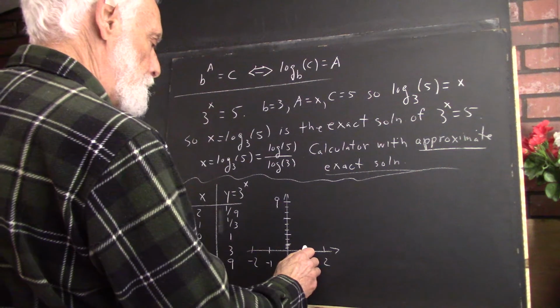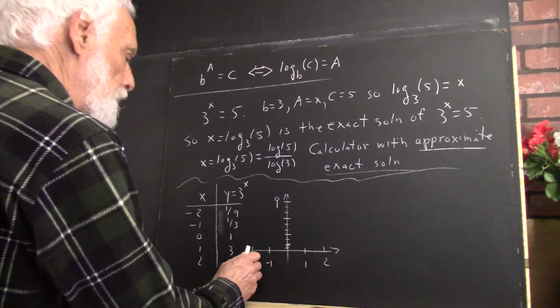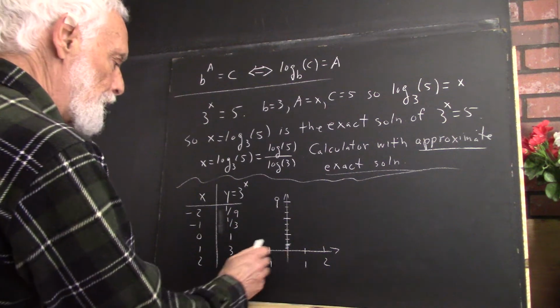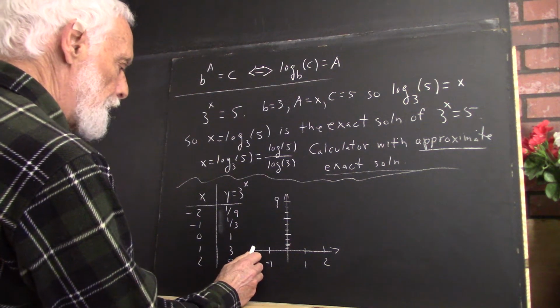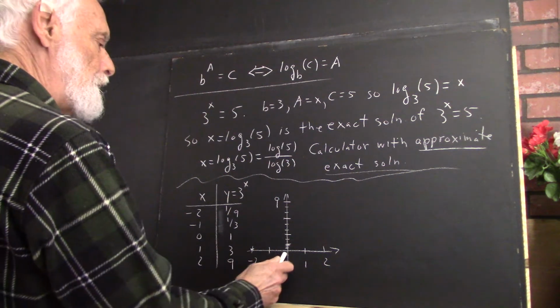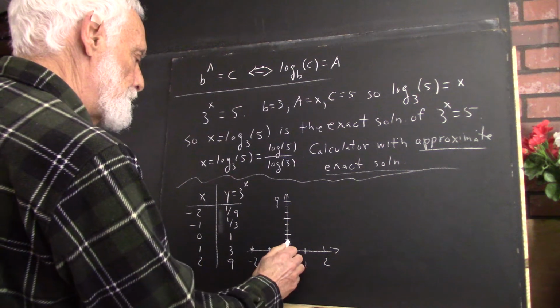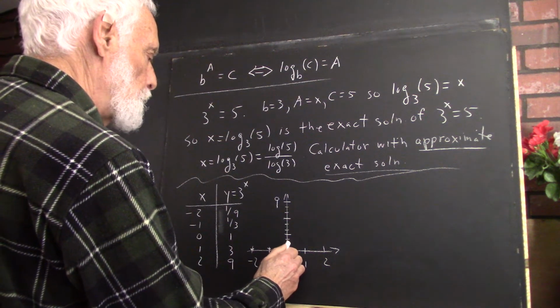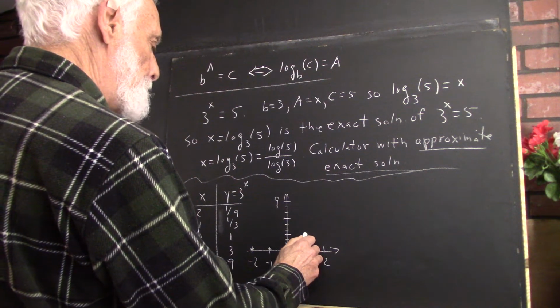So you'd have negative 1 here, we'd have 1 here. So we have a point that's 1/9, which is really small, almost on the axis. And then we have 1/3, which is a little bit above the axis. And we have 1, which is right here. Then we have 2, 3 right here.